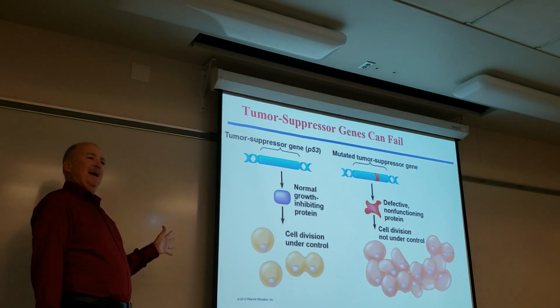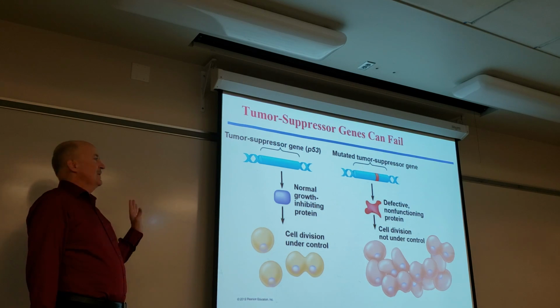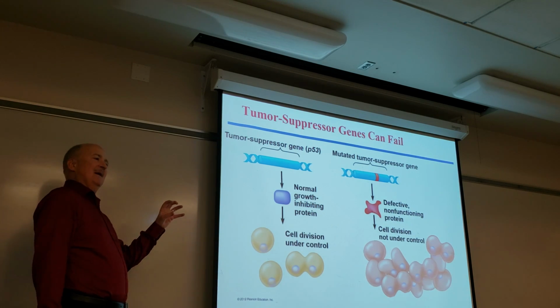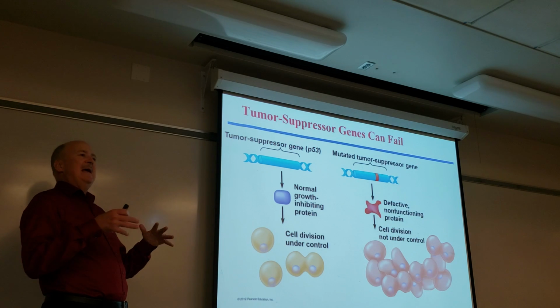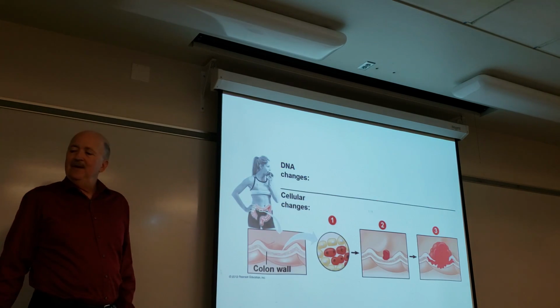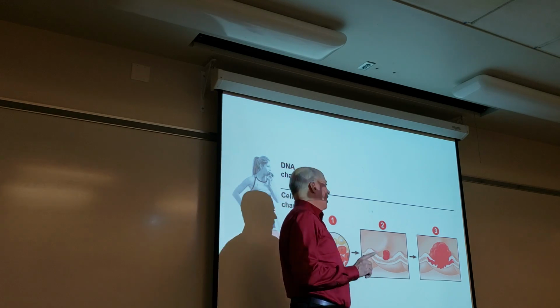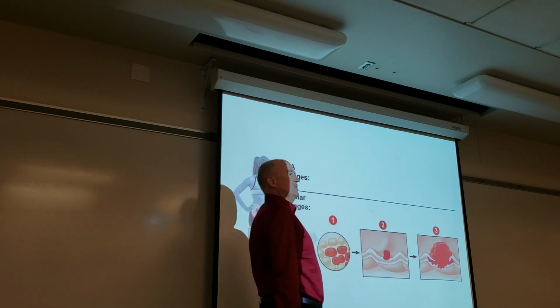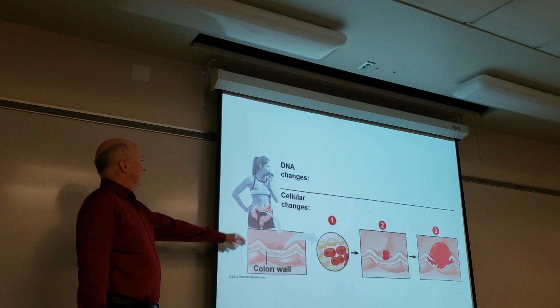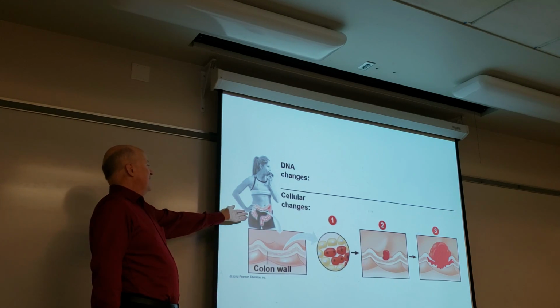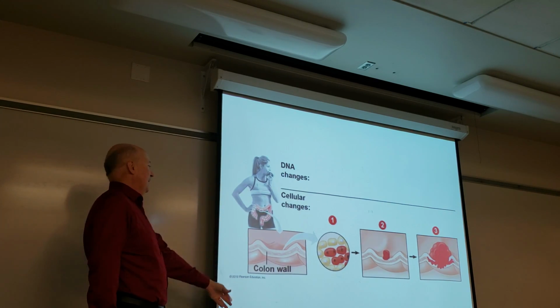So we get an interplay of these kinds of mutations, speeding up cell division and inhibiting any sort of braking process on it. And usually it takes several such mutations, all occurring in the same cell, to lead us to a cancer. So we can have something like maybe a healthy colon, healthy at one point.